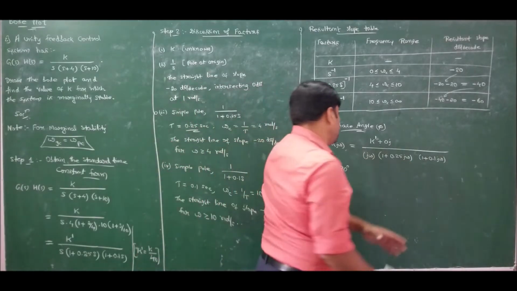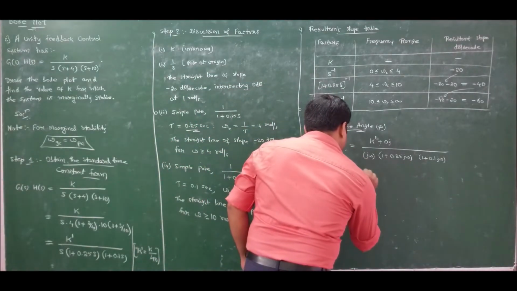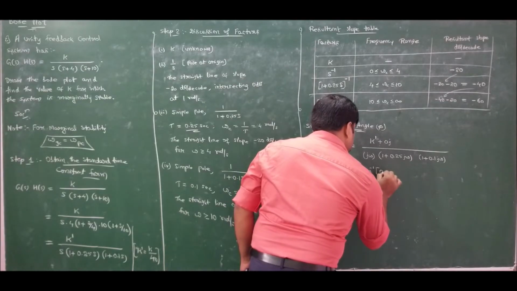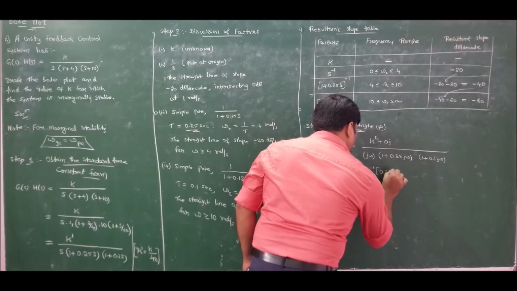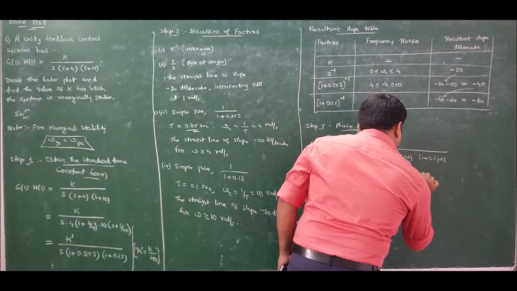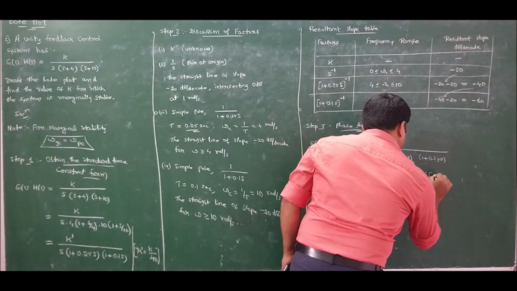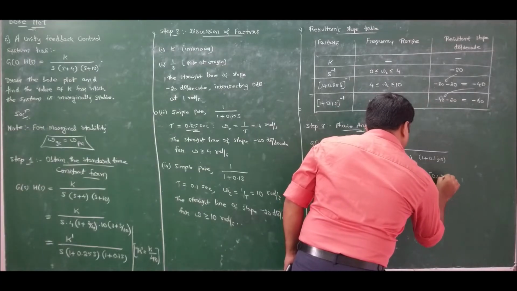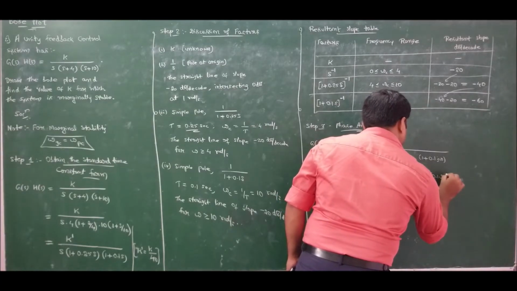Next, these two are in denominators, therefore it is minus tan inverse of the imaginary part, 0.25 omega, over the real part, 1, minus tan inverse of the imaginary part, 0.1 omega, divided by the real part, 1.